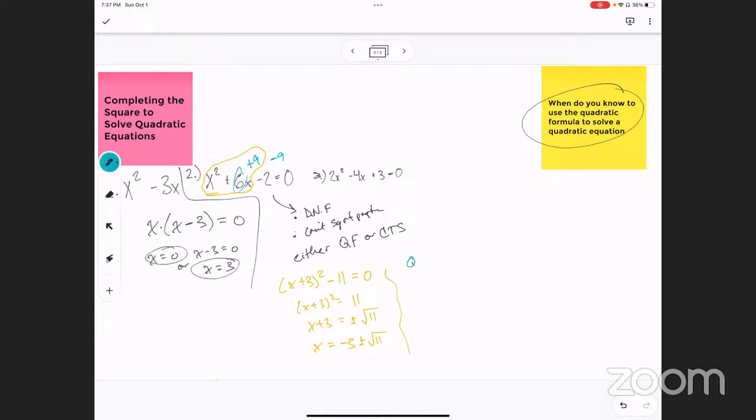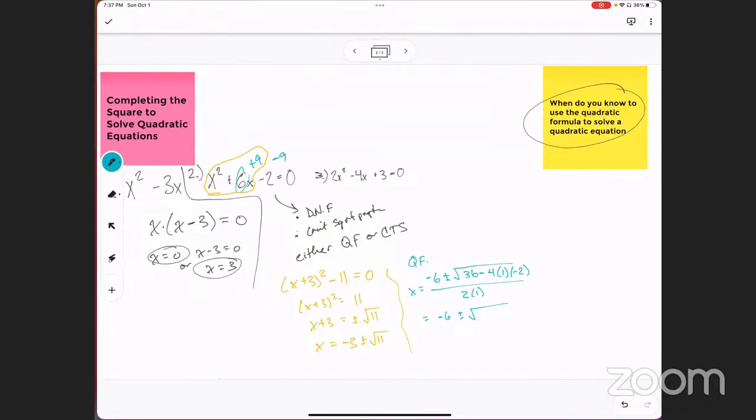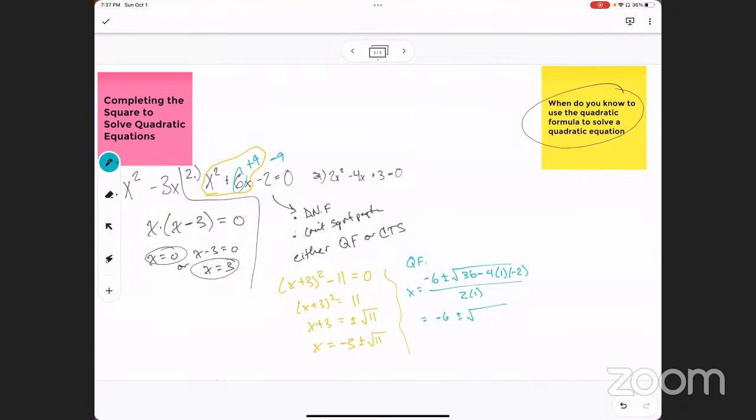Okay. So the quadratic formula, it would be x equals negative b plus or minus the square root of b squared minus 4ac all over 2a, which equals negative 6 plus or minus the square root of 36 plus 8 is what? 44.